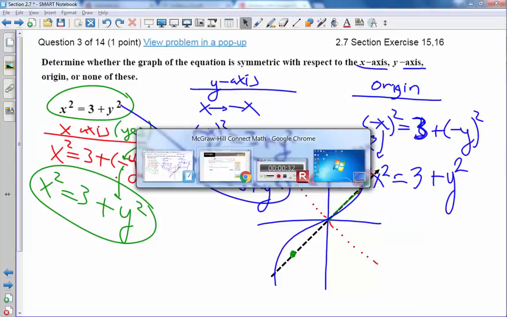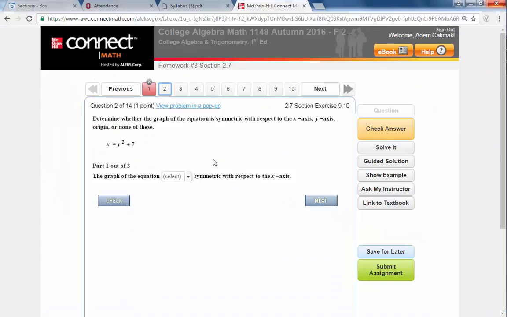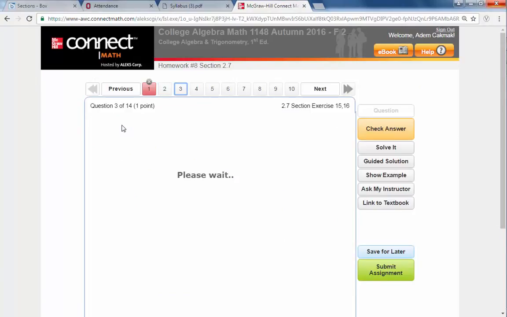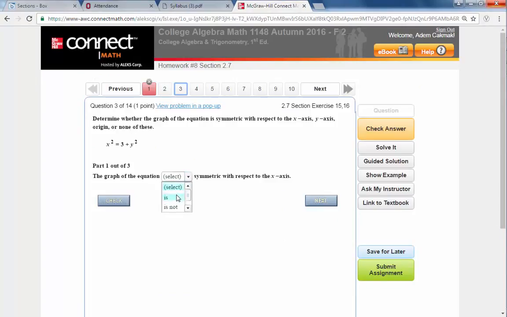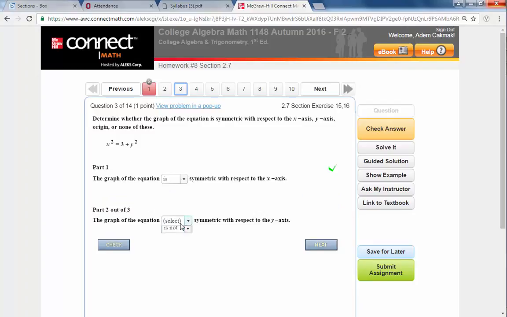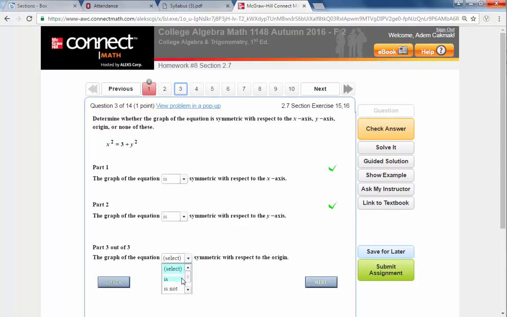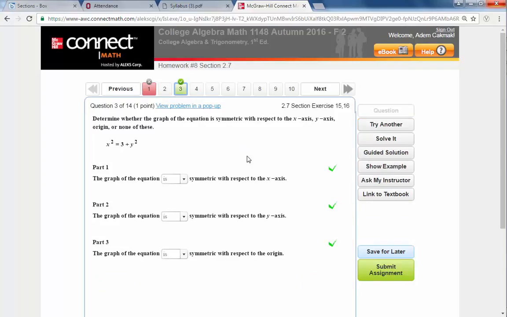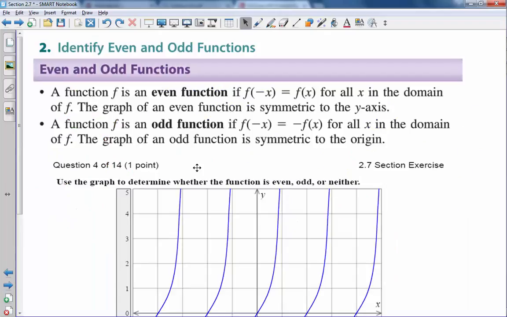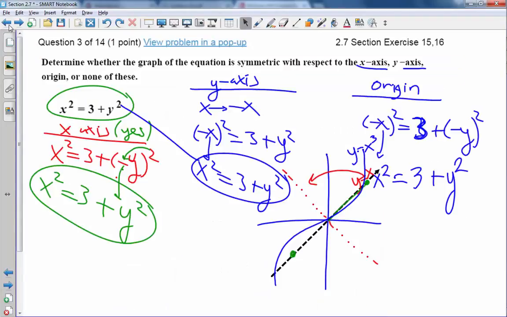So, number 3, this is all kinds of symmetries. Okay? Alright. Any questions so far?